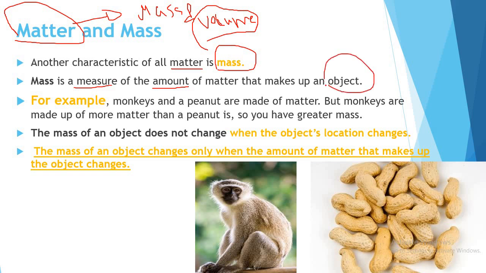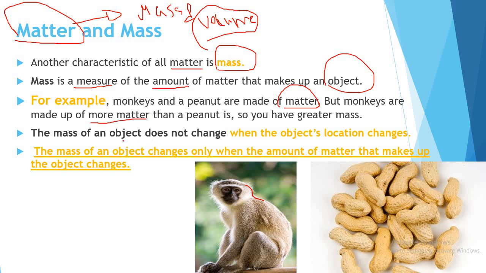For example, a monkey and a peanut are both made of matter, but the monkey is made up of more matter than the peanut. So the monkey has a greater mass than the peanut.